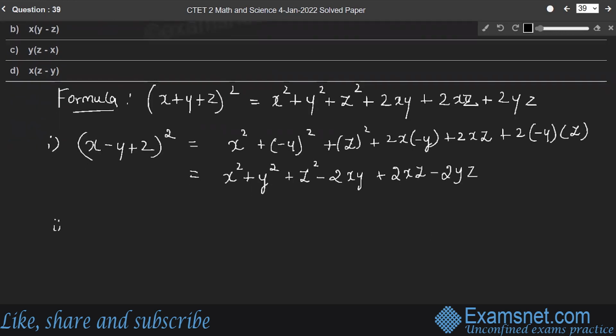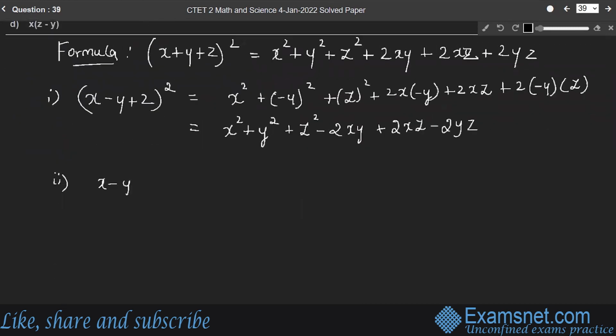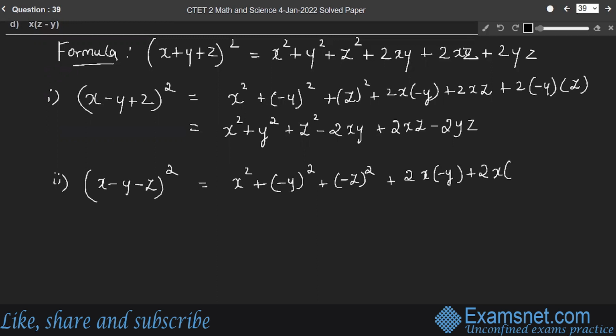And the second part, what is the second part? X minus y minus z whole square is equal to x square plus minus y square plus minus z square plus 2 times x into minus y plus 2 times x into minus z plus 2 times minus y minus z, which is equal to x square plus y square plus z square minus 2xy minus 2xz plus 2yz.